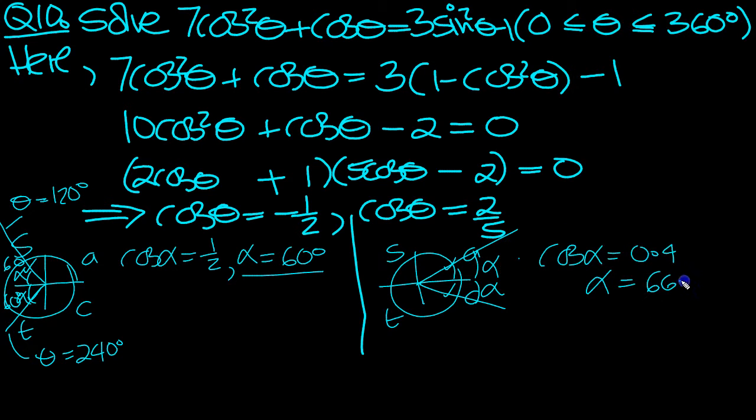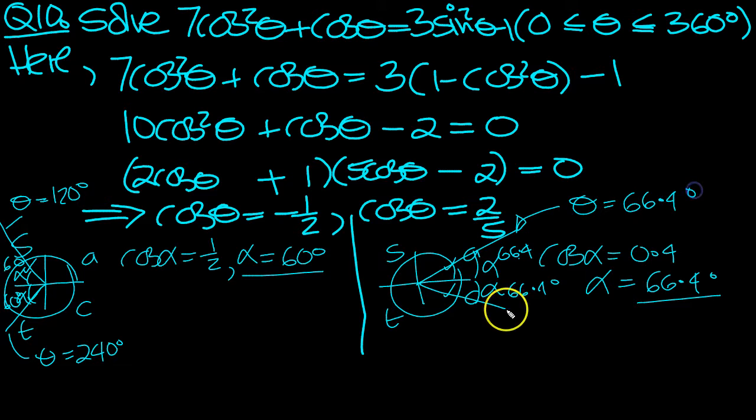So 66.4 degrees. And we can put that in here. And 66.4 degrees here. So our first solution, theta, we go around from 0 to 66.4. And the other solution is here.